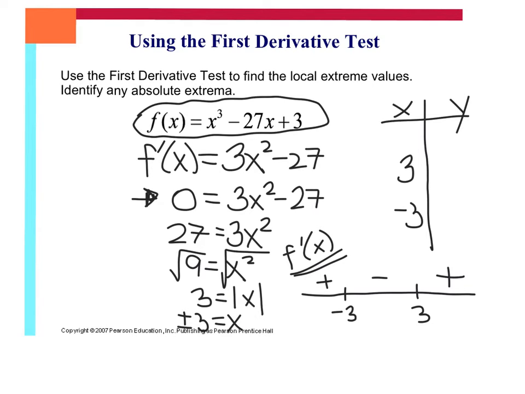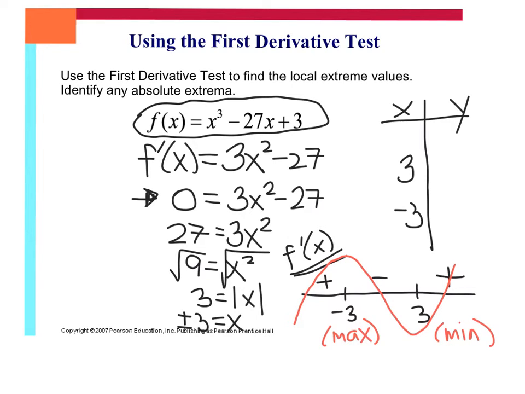So we can see then, if I were to make a rough sketch of the original function, it's increasing, decreasing, increasing. So you notice the first derivative changes sign from positive to negative at negative 3. So therefore, we have a max. And the first derivative changes sign from negative to positive at x equals 3. So therefore, we have a min.